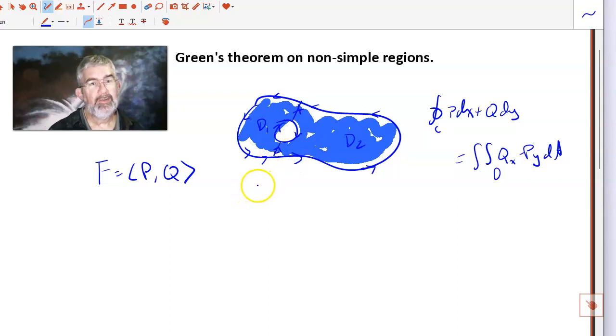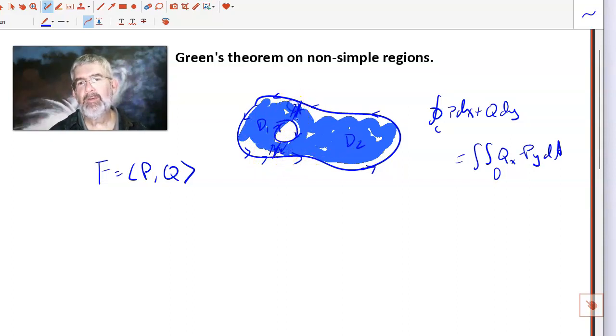So what I notice is that if I think about this line integral around both of those boundary curves, the D1 boundary and the D2 boundary, there are two pieces that I added in that get used twice each. With D1, this gets used in this direction, but in D2, it's used in that direction.